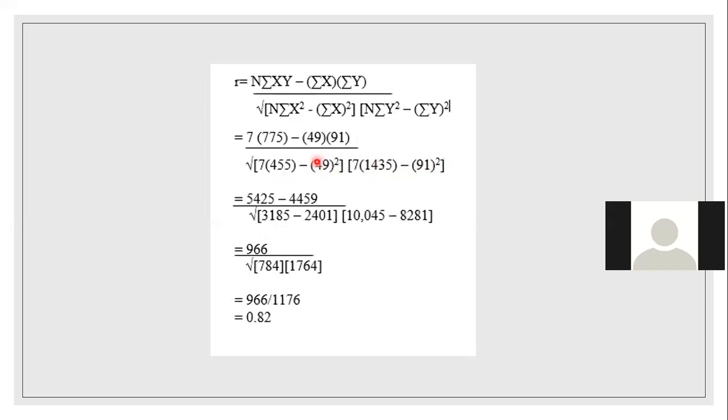And so once you've totaled these columns and gotten these values, the rest of it, you subtract for the top, and then you subtract in this bracket, and in that bracket. You multiply the values in these two brackets, you divide what you get, and that gives you your correlation coefficient, which turns out to be 0.82.